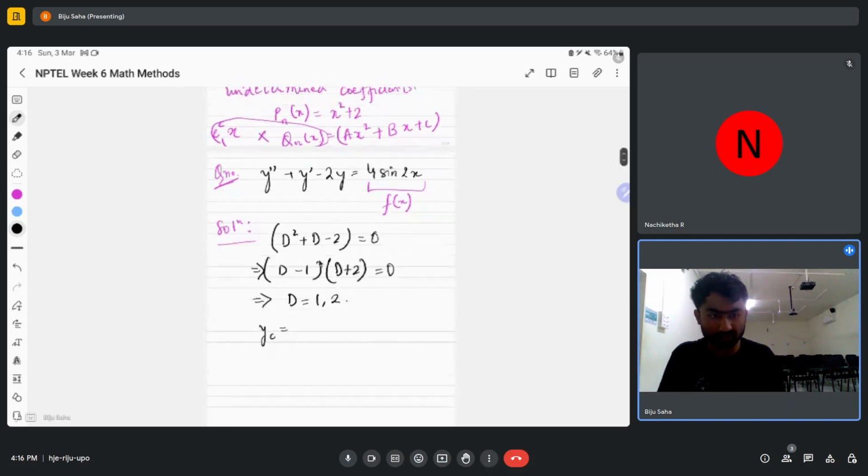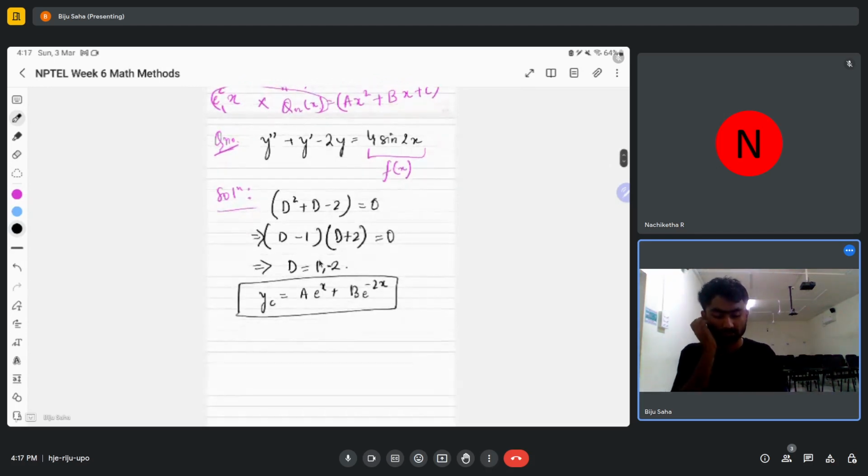In this case the roots are distinct and unequal. So it is e to the power x plus, and so this is the complementary solution.